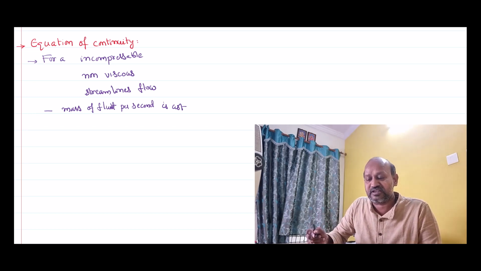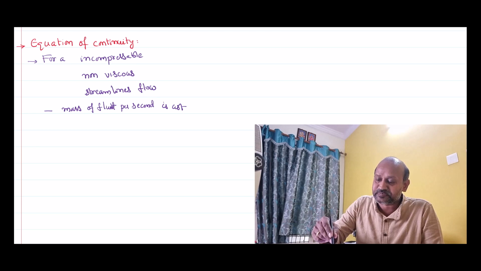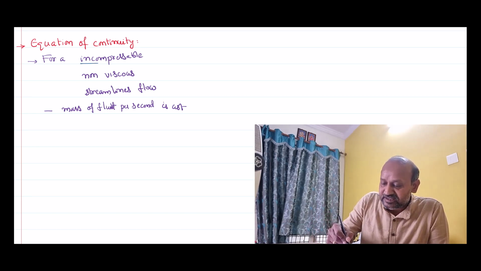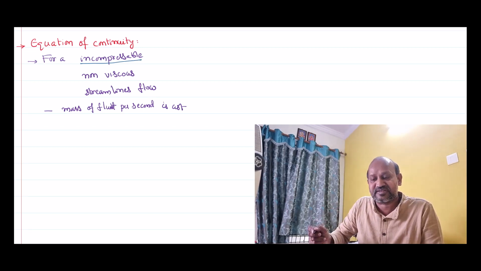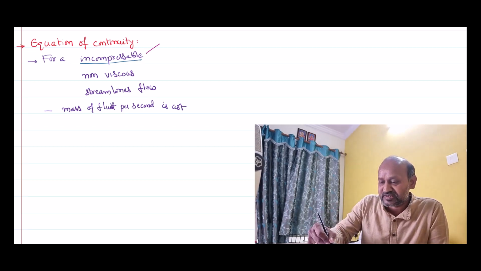So before going further into what that means, let me explain the meaning of these things, like incompressible. We said a statement like incompressible. What do you mean by incompressible? It's not compressible. That means its volume is constant.